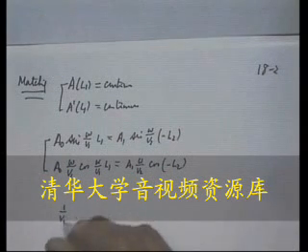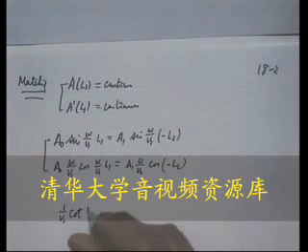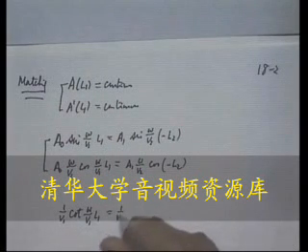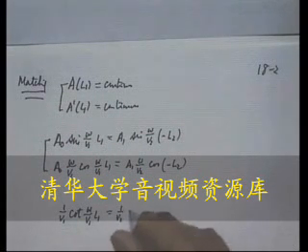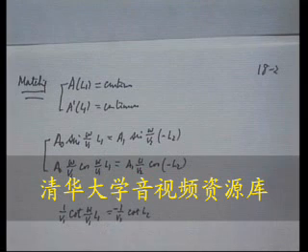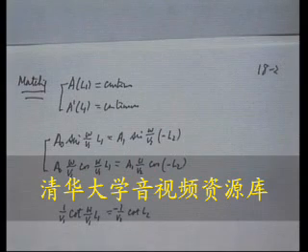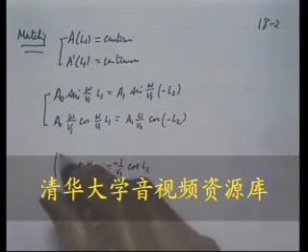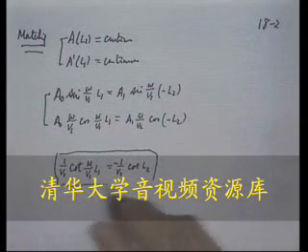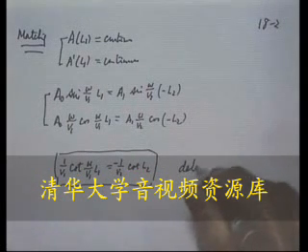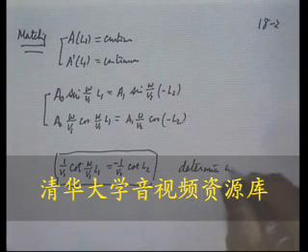So we get V1 cotangent of omega over V1 L1 is equal to 1 over V2 cotangent of omega over V2 L2, with a minus sign. This equation determines omega.